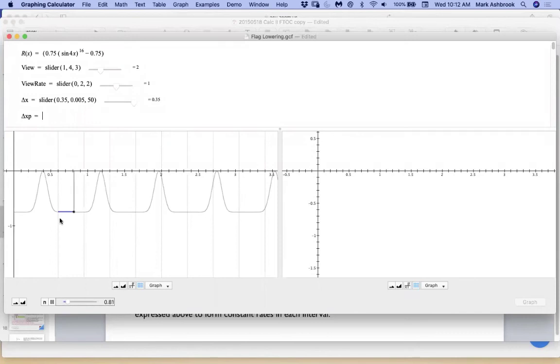Yes. And here's this left-hand rate function now being generated. We're thinking about, okay, there was a point in time where the flag was being lowered, and X was taking on all these values of time in seconds since we started lowering the flag.